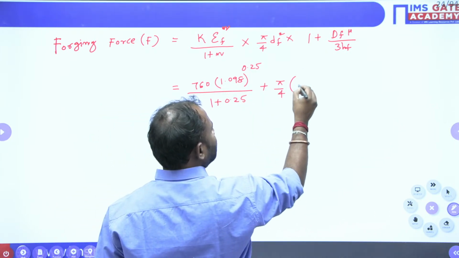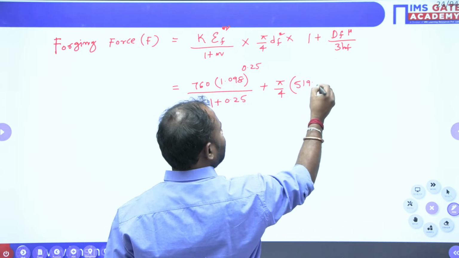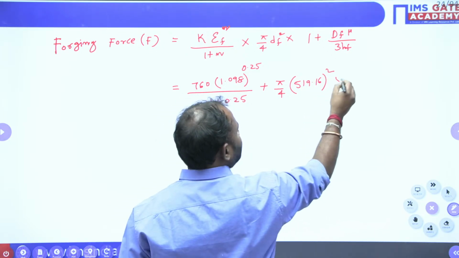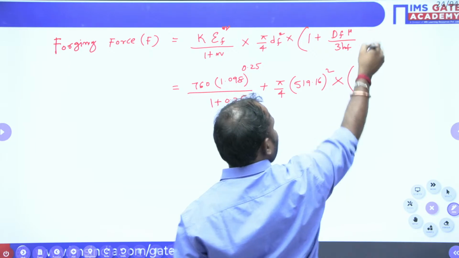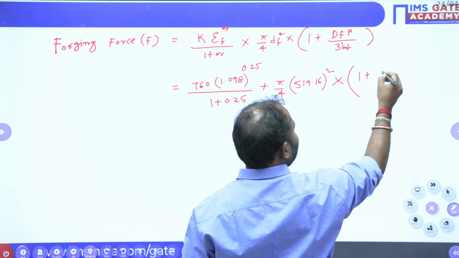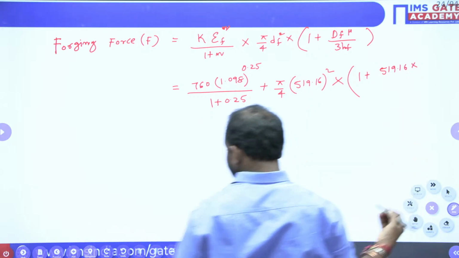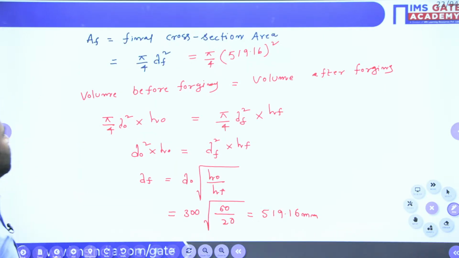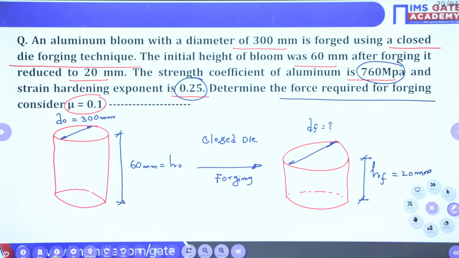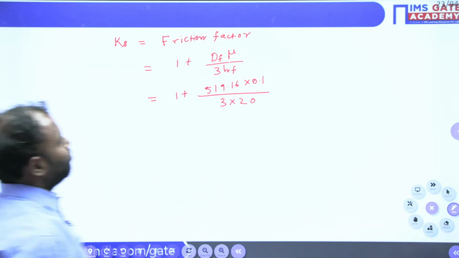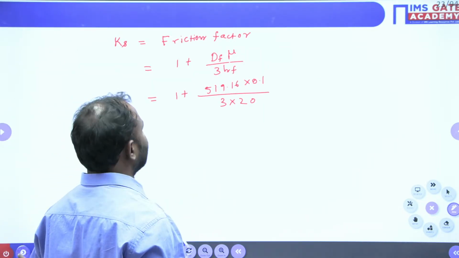What is df? 519.16 square, into, you take a closed bracket, 1 plus df, 519.16 into mu. So mu is how much, guys? Mu is 0.1.